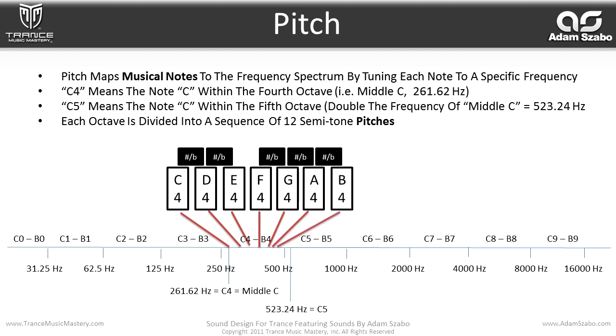That would be 12 semitones within the fourth octave. I've kind of depicted it like the notes on a piano or keyboard, just to give you a reference there. Then you'd have those same notes mapped into each of the octaves to span the entire piano keyboard, for example.